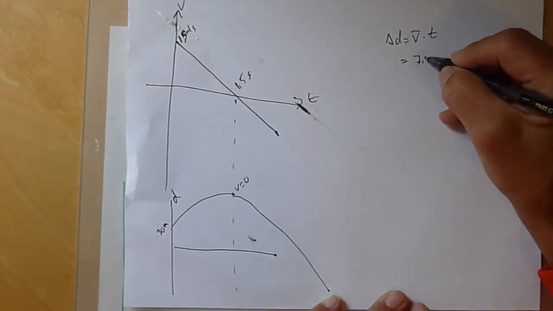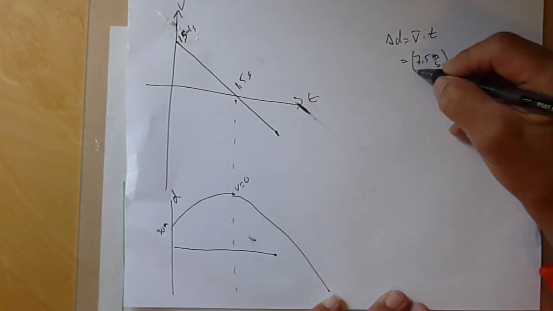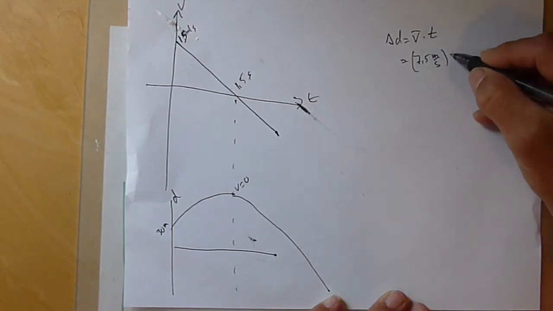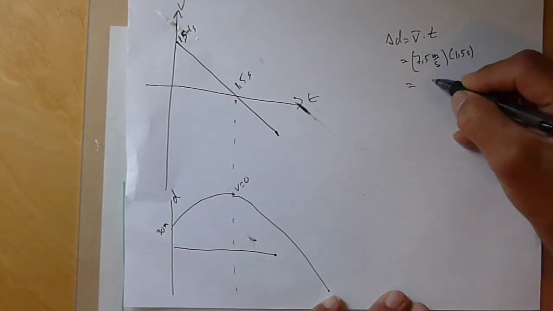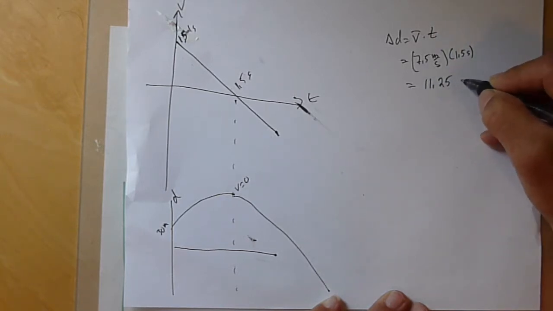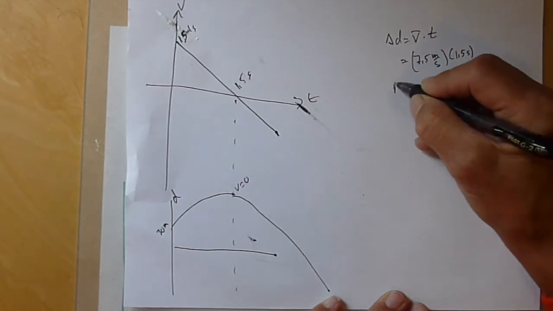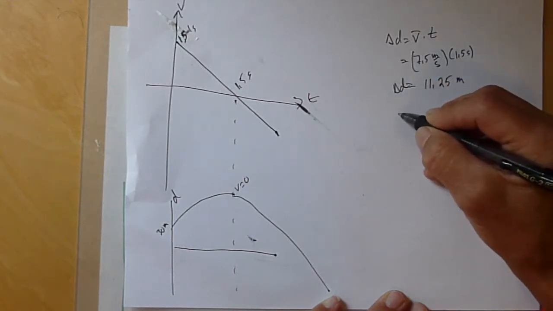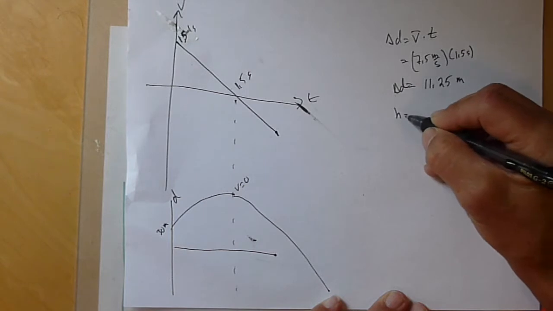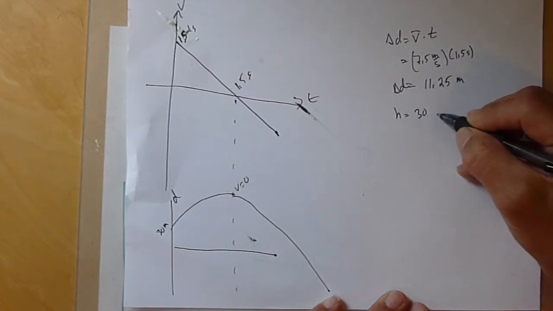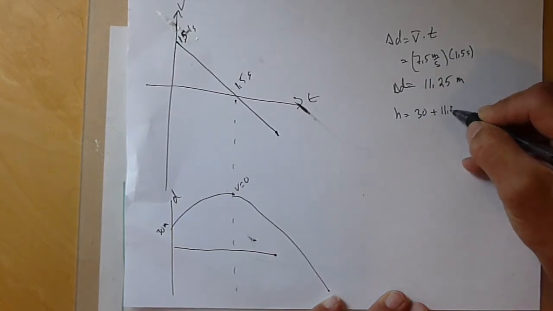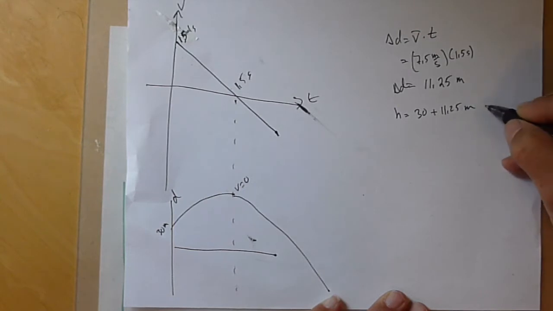Average velocity is 7.5 meters per second, 15 plus 0 divided by 2, times a time of 1.5 seconds gives me a displacement of 11.25 meters. That's delta D. So if I want to get the total height off the ground, that would be the 30 meters I started out with plus the 11.25 meters that I gained, for 41.25 meters.